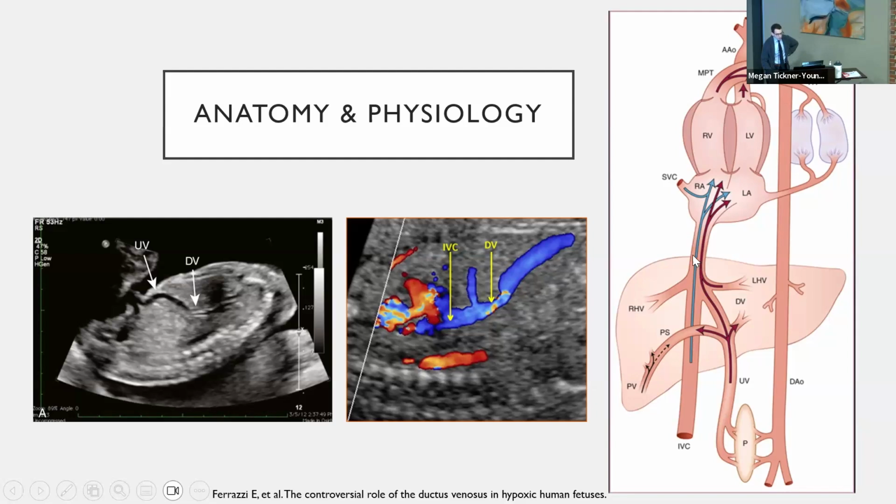These don't really mix, and the well-oxygenated blood from the ductus venosus is more at the dorsal left side of the IVC. And then as blood enters the right atrium here, it encounters a structure called the crista dividens that splits the bloodstream so that this ductus flow is directed to the left atrium, while less oxygenated blood goes to the right atrium and then right ventricle.